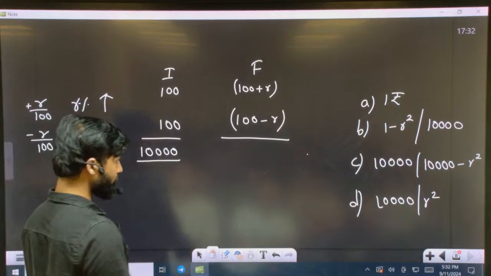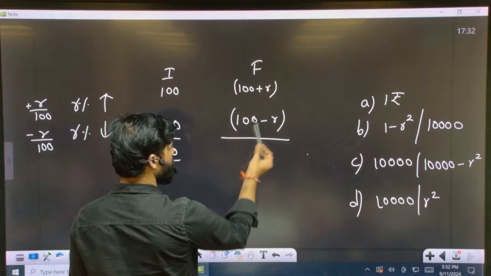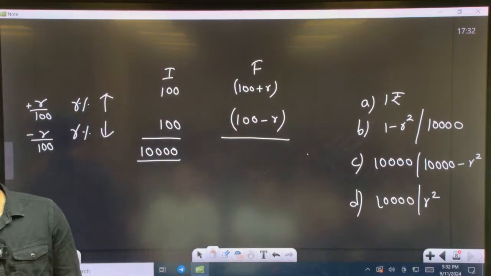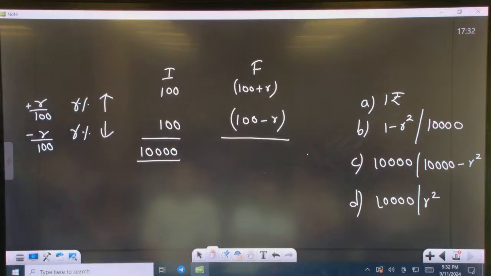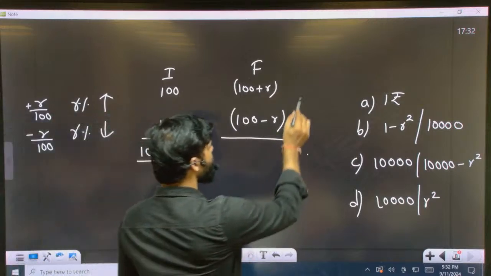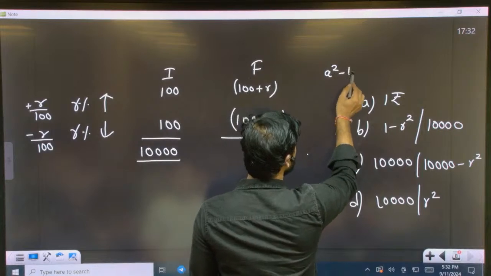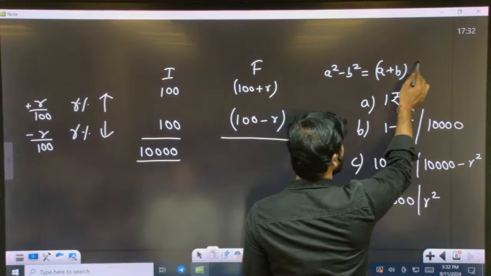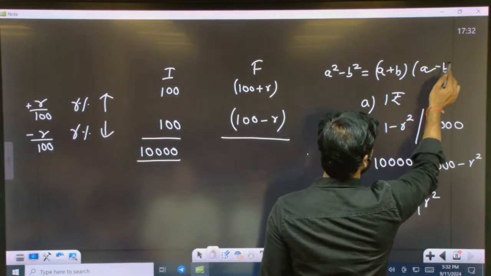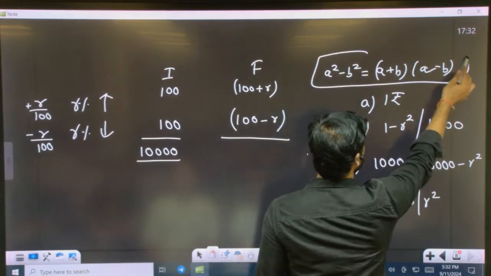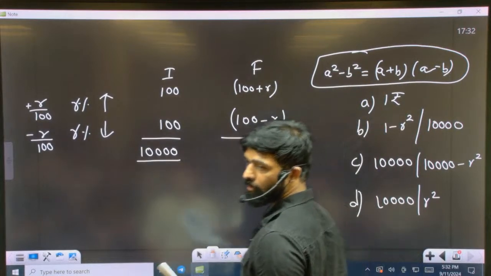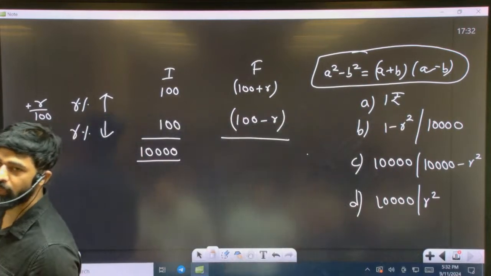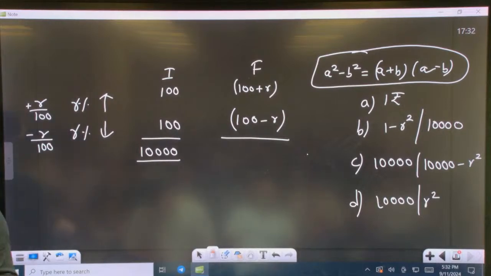And if you look at the numbers, 100 plus R, 100 minus R, it can be A plus B, A minus B. So I can write it like A square minus B square equals A plus B, A minus B. Put it in a box and write it at the corner of your register. A square minus B square will give you A plus B, A minus B. Any problem in this? Okay then.